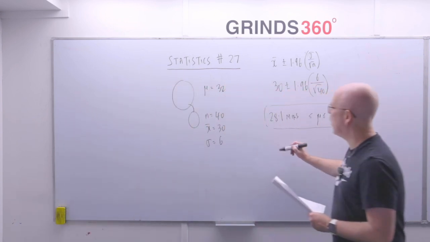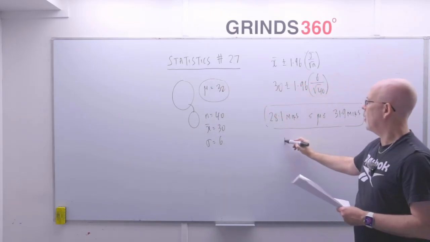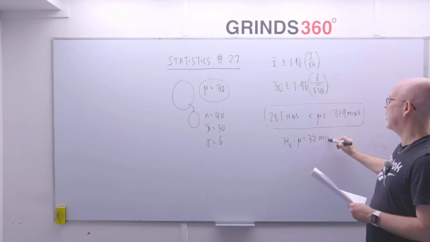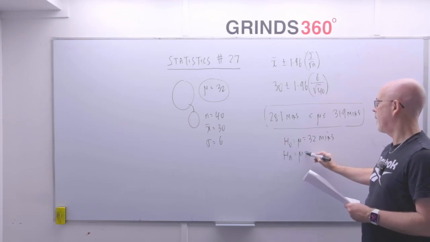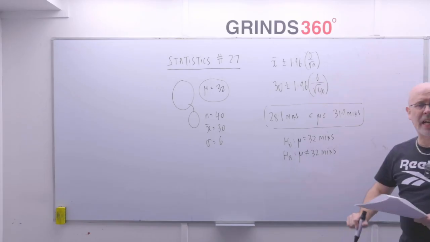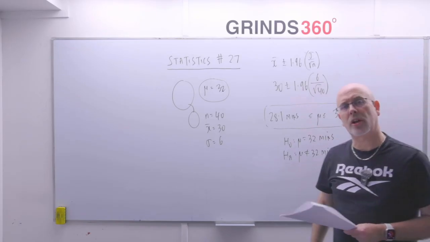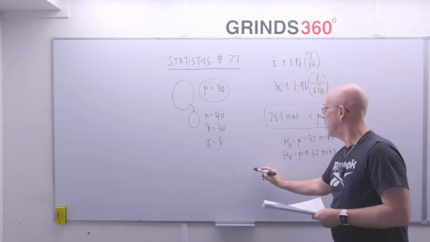So if I write down my two hypotheses, there's my null hypothesis as always. H0 is that mu is 32, and I'll put the units in there. And then HA is that it's not. Do your calculation. Done already. Now use your calculation to draw your conclusion. This number here is outside the interval, so we'll mention that.